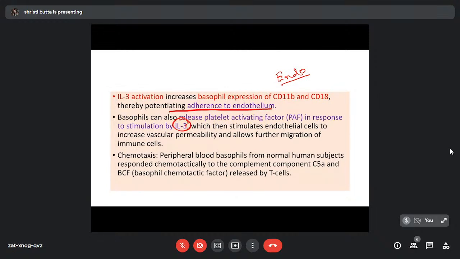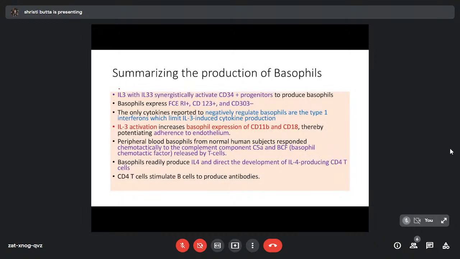So summarizing the production of basophils, we have IL-3, which synergistically acts with IL-33, activates the CD34 cells and produces the basophils. Basophils express Fc epsilon receptors; CD123 positive and CD303 negative. The only cytokine reported to negatively regulate basophil production is type 1 interferon. IL-3 activation increases basophil expression of 11b and 18 and thereby allows it to adhere to the endothelium.